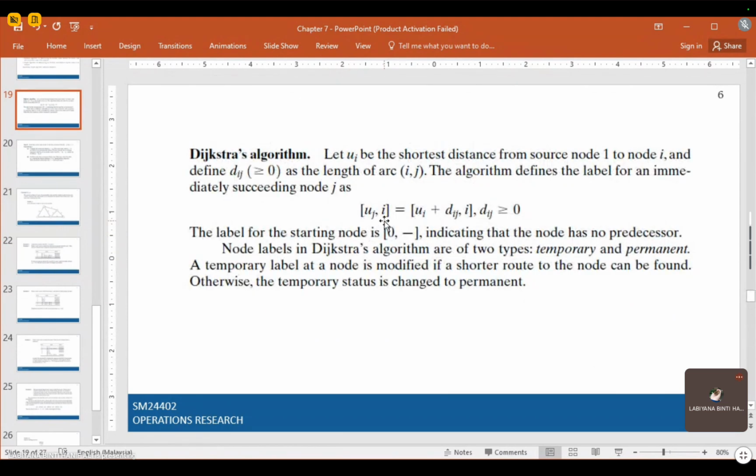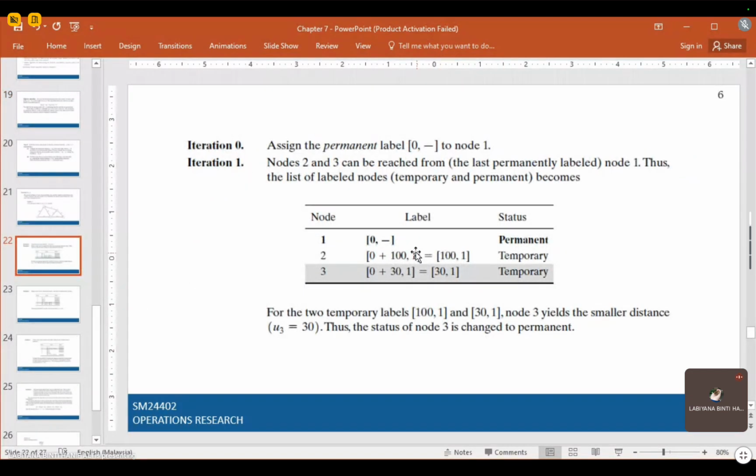Formula. From this, we can apply this formula: u_i plus d_ij, i. Our i will be node 1. So from this 0, we add 100 for node 2. For node 2, 0 plus 100, comma 1. 1 is node 1.